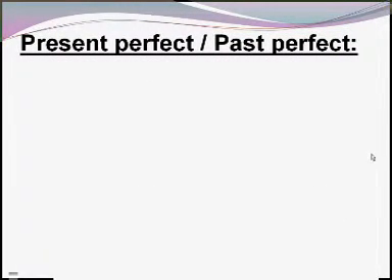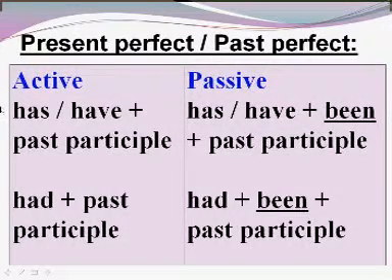One more thing is the present perfect and the past perfect. How can we turn those sentences with the present perfect tense or the past perfect tense into the passive voice form? Here is the rule for you. If in the active form we have has or have plus past participle, in the passive form it should be has or have plus been plus past participle.